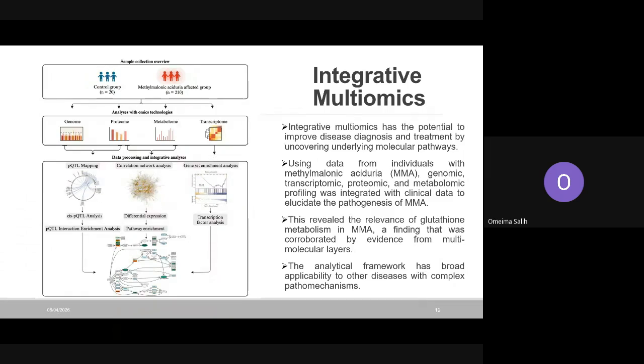Because if you want to talk about production of vaccines or certain types of proteins to be used as supplemental molecules, then definitely you need to study the whole process of production of these molecules within the cell. You cannot confine your study to a specific type of omics.